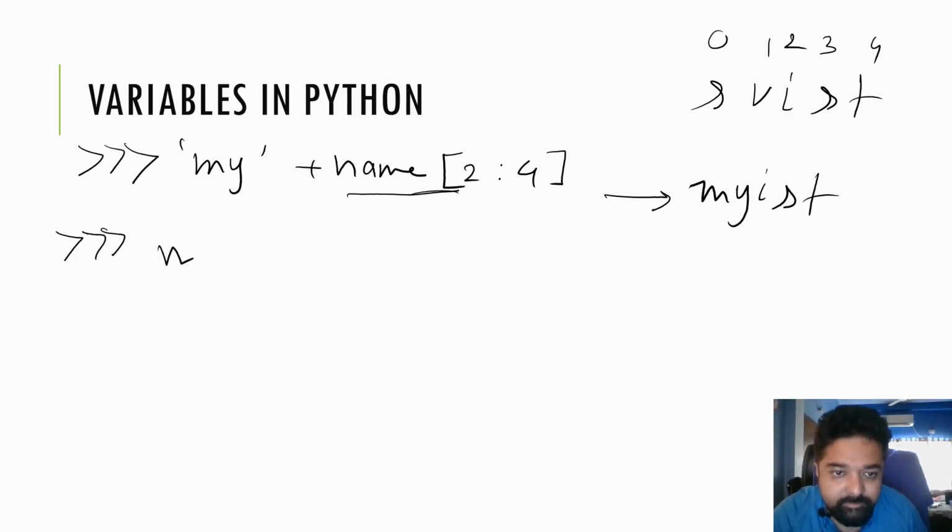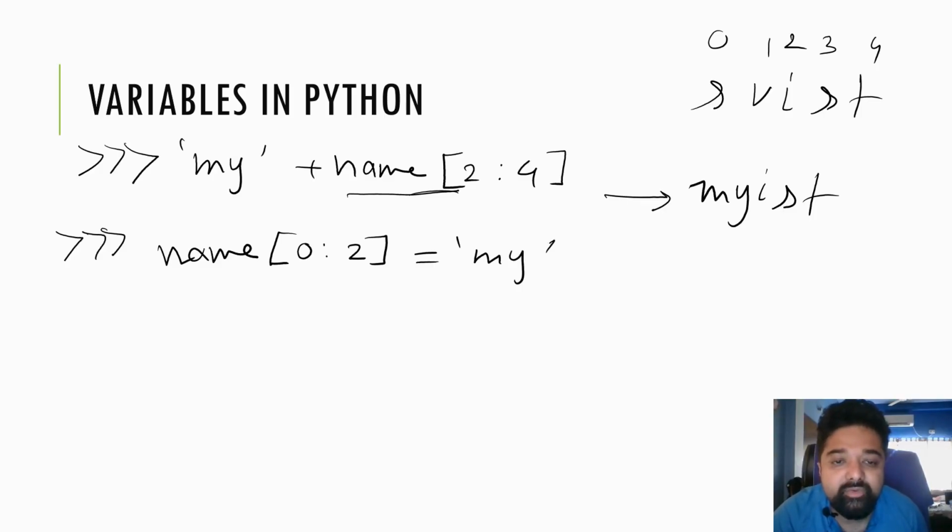Now suppose name[0:2] equals something means we are trying to change the value of the first two characters of the string. What will be the output? It will give an error because we cannot change it this way.